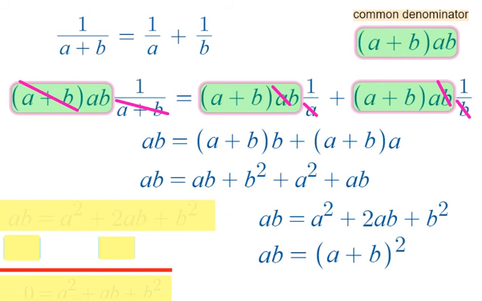Now, the question is, so what? How does that help us at all? We're trying to figure out if there are any values of A and B that make this thing work.